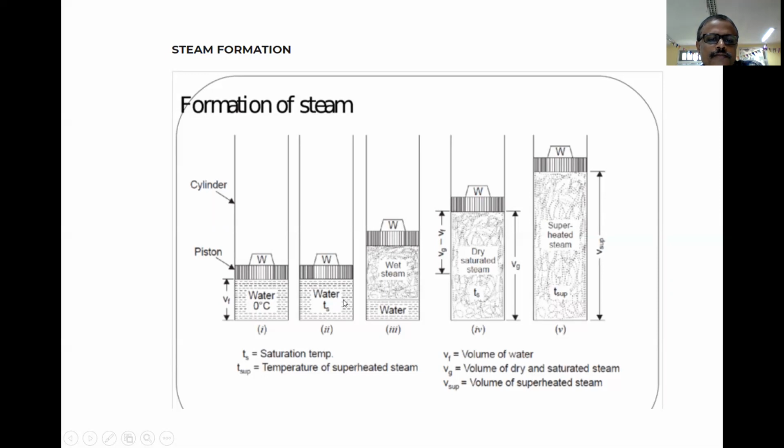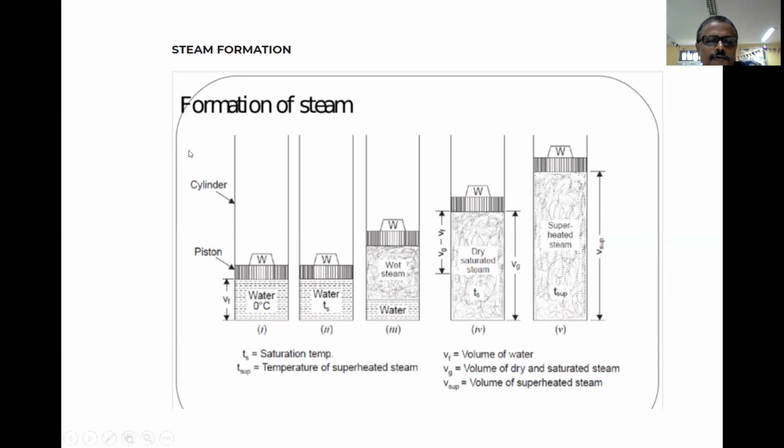Continue the heating, the temperature of the water becomes its boiling point. The boiling point is also known as saturation temperature, that is TS. TS is the saturation temperature, which is nothing but the boiling point of water. At atmospheric pressure, the boiling point is 100 degree centigrade.